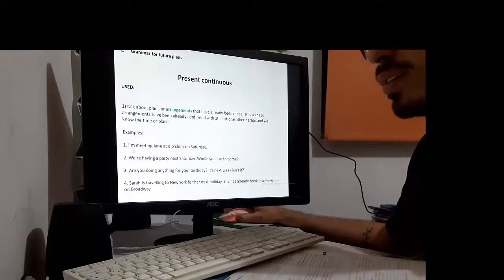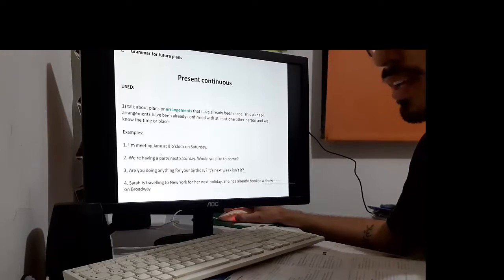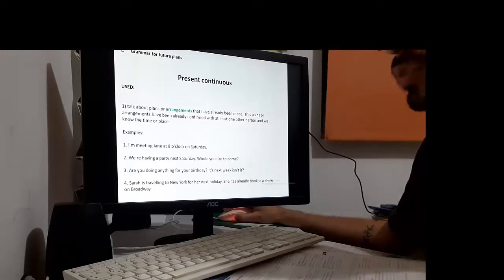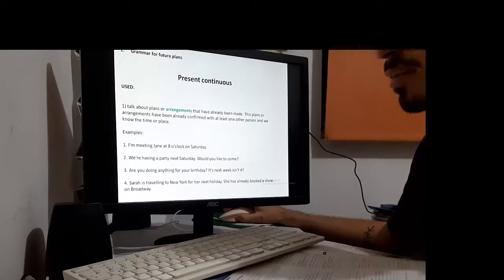As you can see here, you can say, for example, Jose or Carlos is meeting this girl Jane at this time on Saturday. So they agreed, or they fixed a specific time to meet.